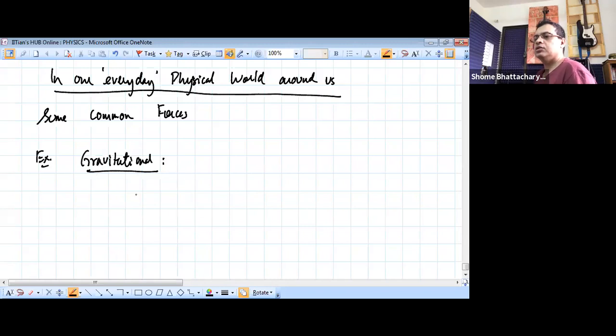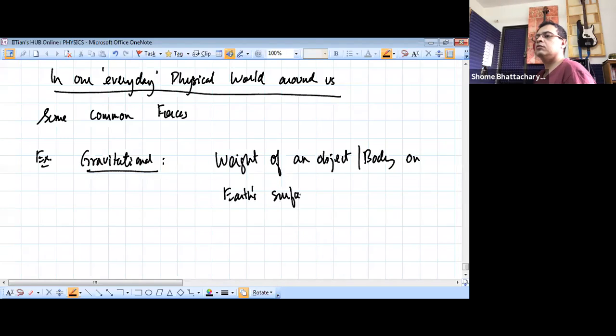The first example is the weight of an object or body on the Earth's surface. This that we know as mg always acts vertically downwards. But what is this fundamentally?